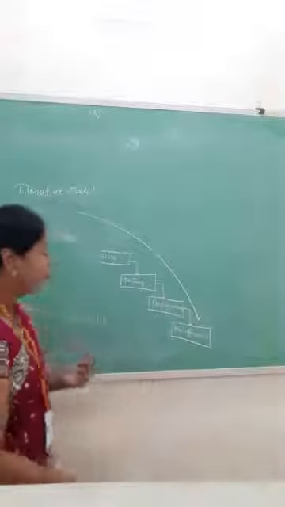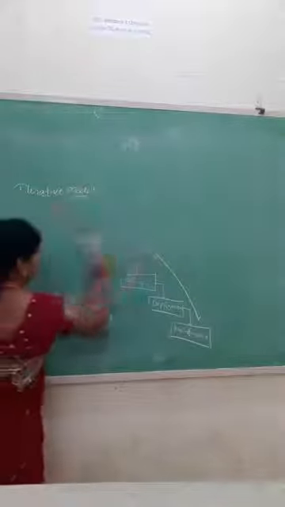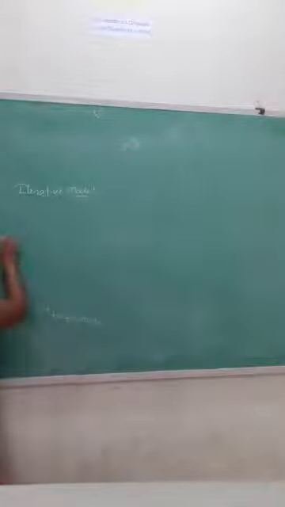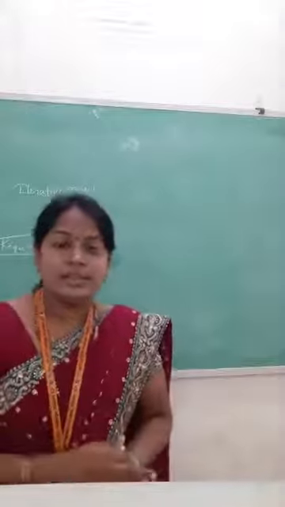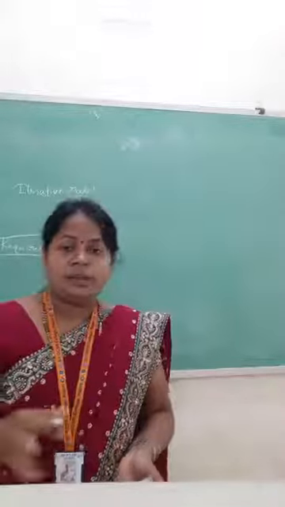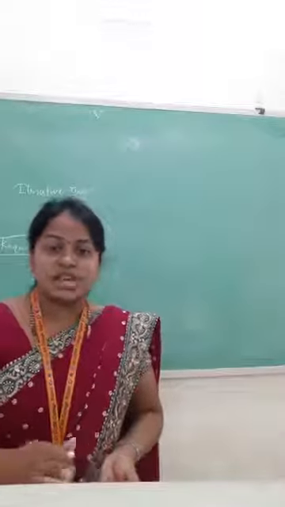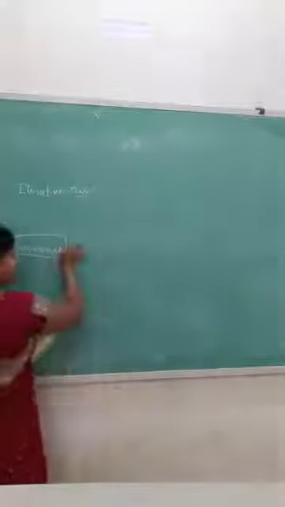And in the iterative model, the development is also different. After requirement gathering, once the requirements are gathered, all the requirements are classified based on their functionalities and non-functionalities, right? And priority is also given.